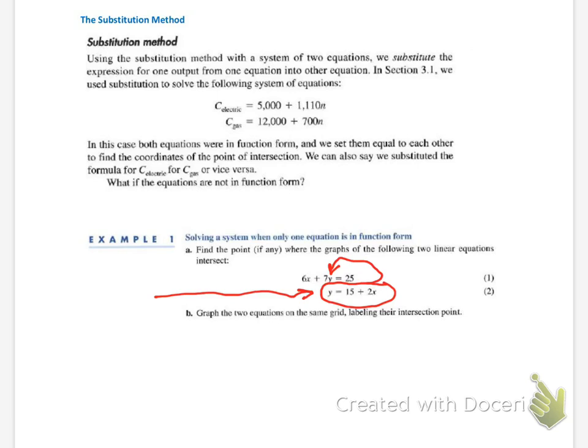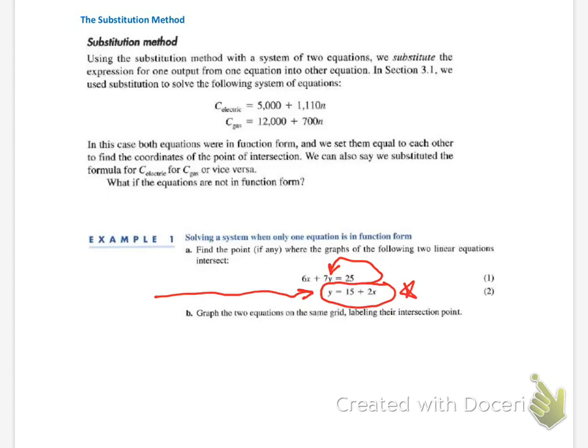So just to recap, when you have a situation like the one I've circled in red, where one of your equations is a y equals, use that y equals to replace the y value in the first equation with the 15 plus 2x that equaled the second equation, and that's going to make your first equation written in terms of only x's.